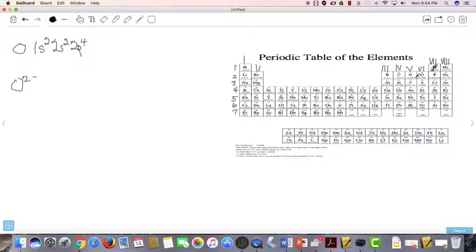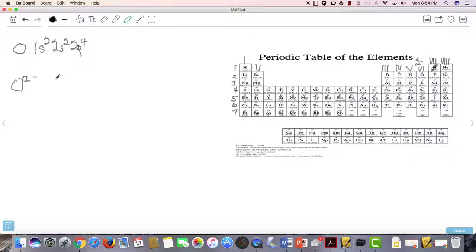Now, oxygen ion has a charge of -2 because every element in group 6 has a -2 charge. So that means it gains 2 electrons. So if this is going to gain 2 electrons, which noble gas should it look like? It should look like neon because anions form ions so that when they gain electrons, they look like the noble gas that comes after it.